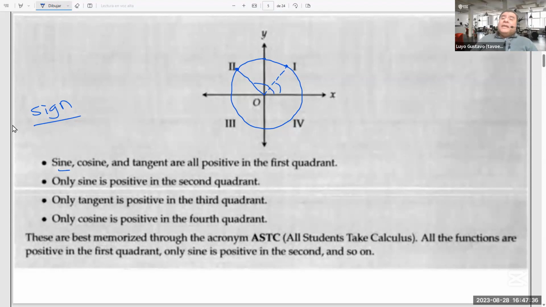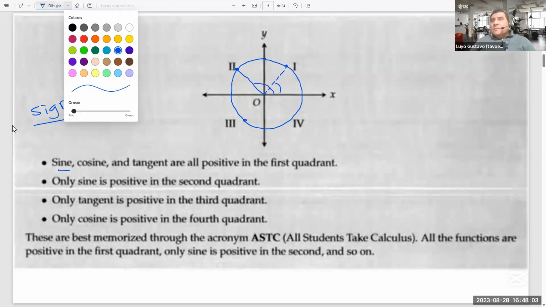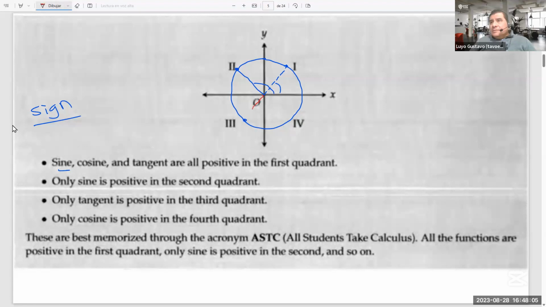And what about the tangent? The tangent is positive in the third quadrant, okay? The tangent is positive here and is positive in the first quadrant as well. So the other functions like the sine and cosine are actually negative in the third quadrant. If it is an angle like this, imagine something like this.